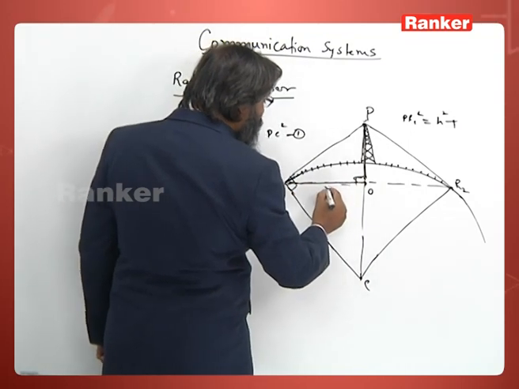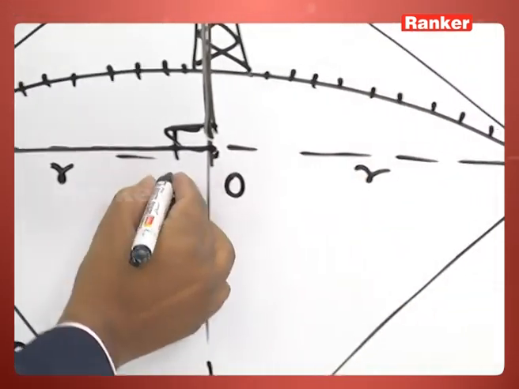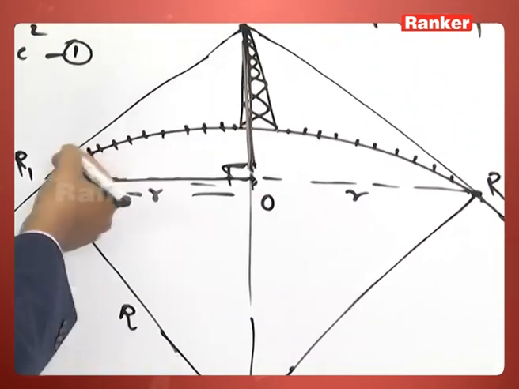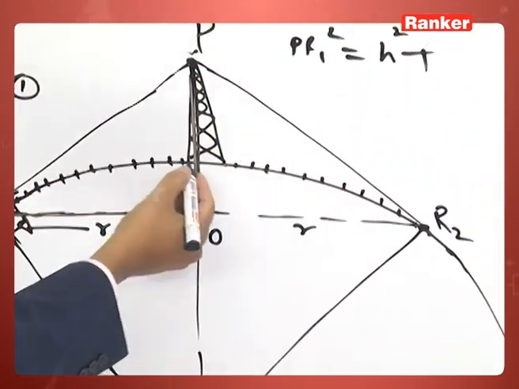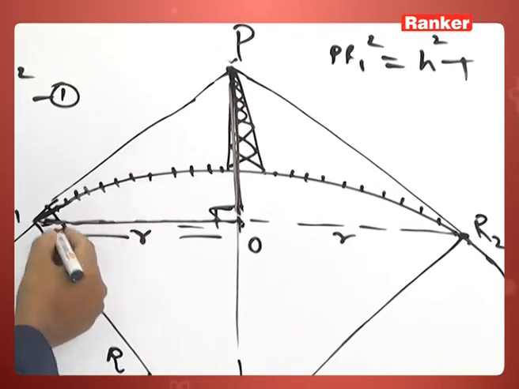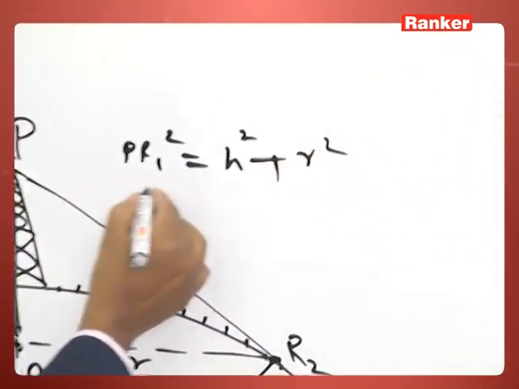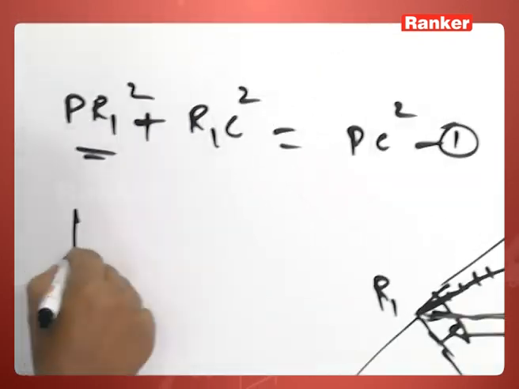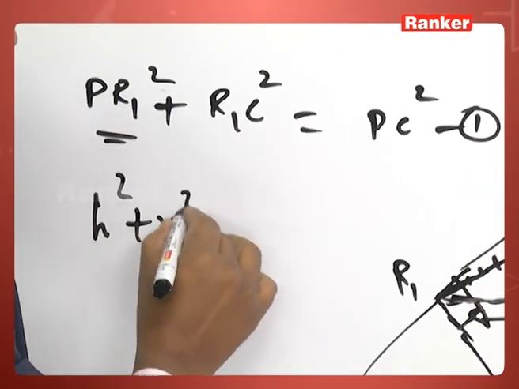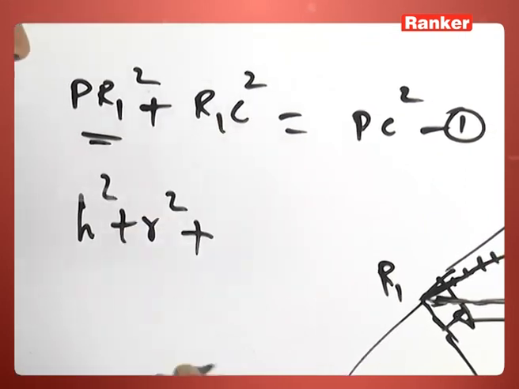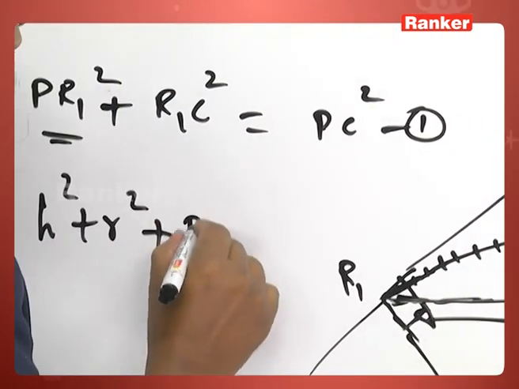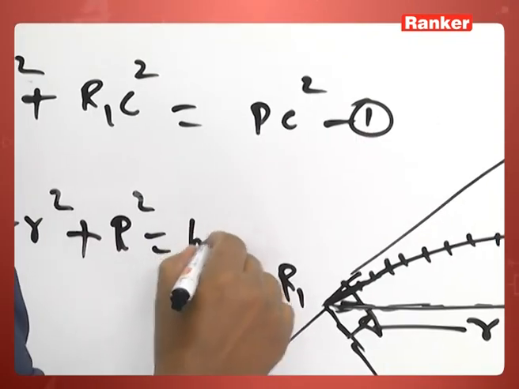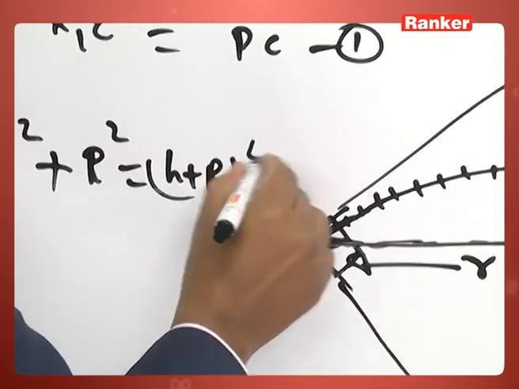Suppose I denote by small r the range, the radius of this circular region, so this is r square. We will write P R1 square from here as h square plus r square, plus R1 C, the radius of earth, whole square, and PC is again h plus r whole square.